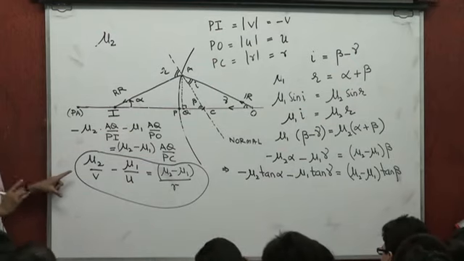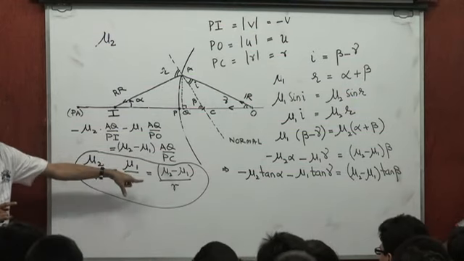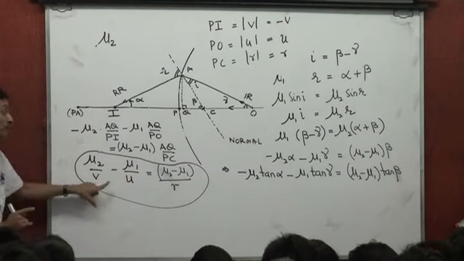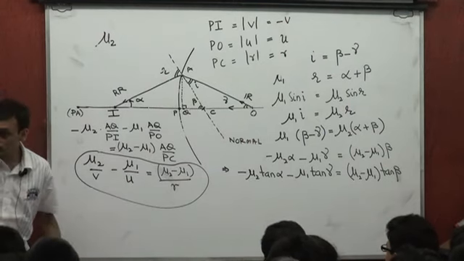Mu2 by V minus mu1 by U is mu2 minus mu1 by the radius of curvature, where U, V and R are algebraic.